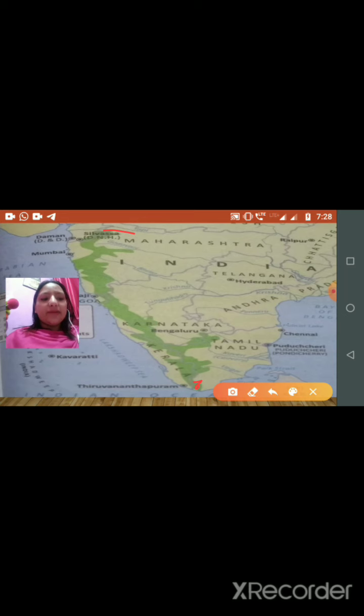They run parallel to the coast through the states of Maharashtra, then Goa, then Karnataka and Tamil Nadu. The average height is almost 1200 meters. These Ghats are continuous and unbroken except for a few passes.